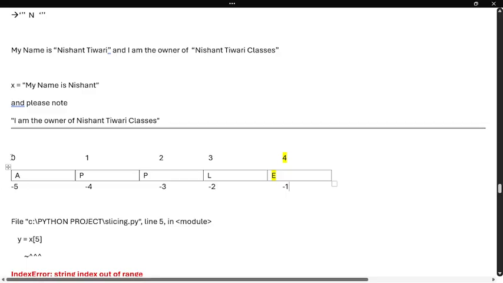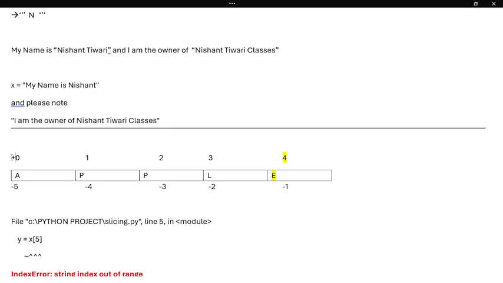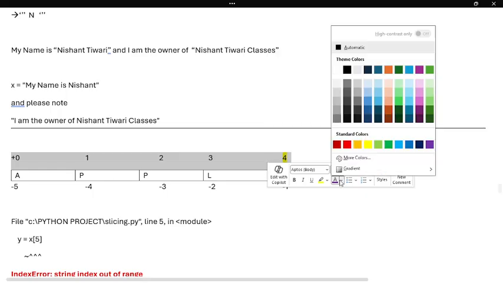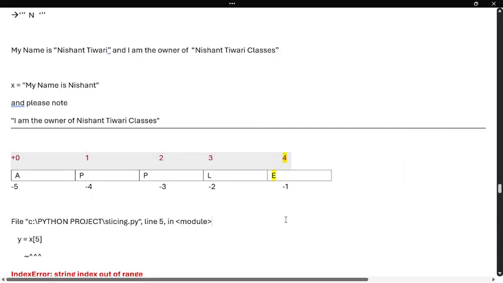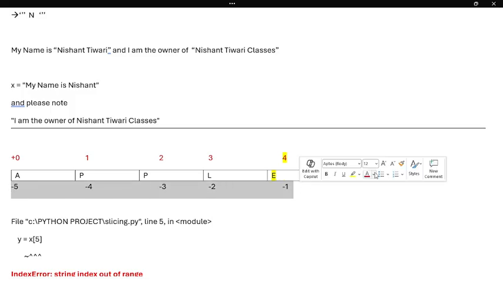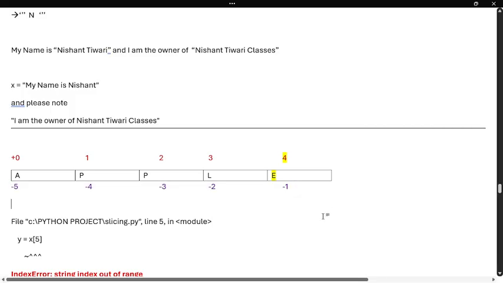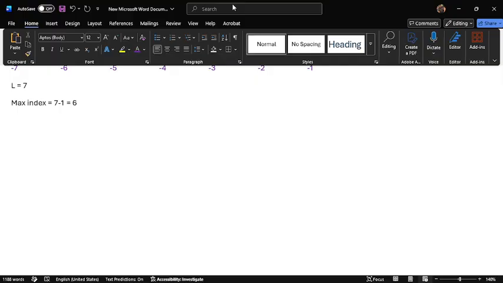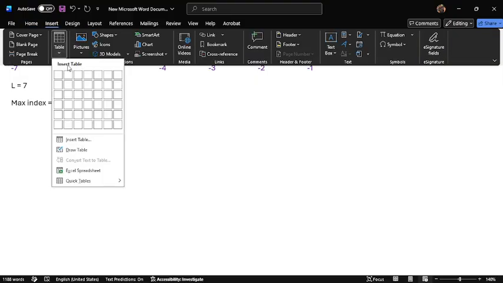This is nothing but plus, and this is nothing but minus. Hopefully, now you are able to understand. You will be having more clarity. Let me take one more example.